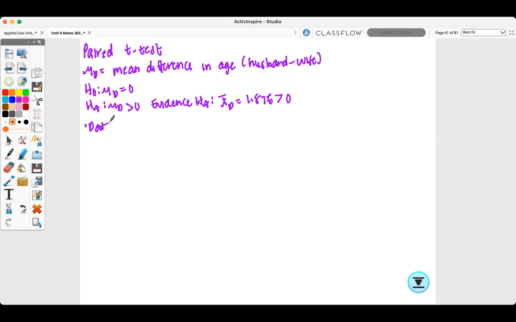The data is paired, husbands with wives. This must be addressed.